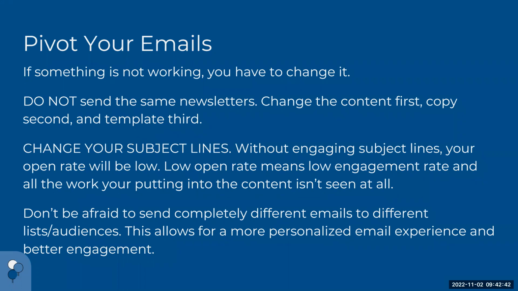So then it's automatically going to take subject line B, apply it to the email, and send it out to the 80% leftover audience that you have. And that way you're optimizing your subject line.